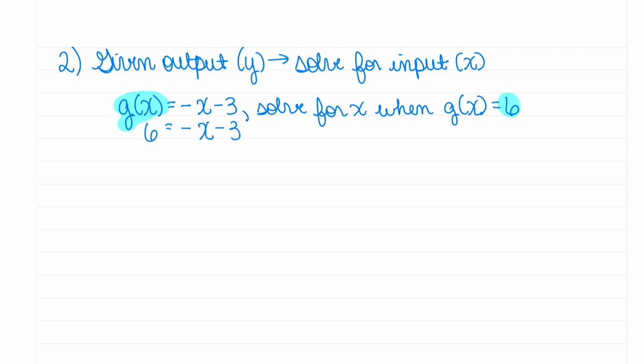And then we follow the rules of inverse operations. Since we have a negative 3 here, we are going to add it. So 6 plus 3 is 9. And then since we have a negative x here, we can just divide by negative 1. So our answer is going to be negative 9 equals x.